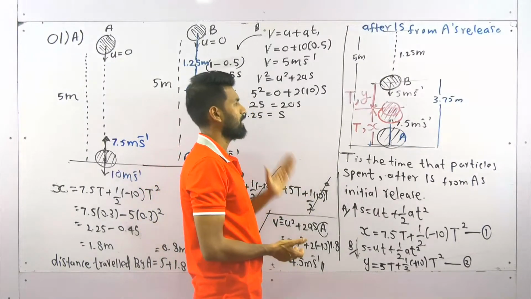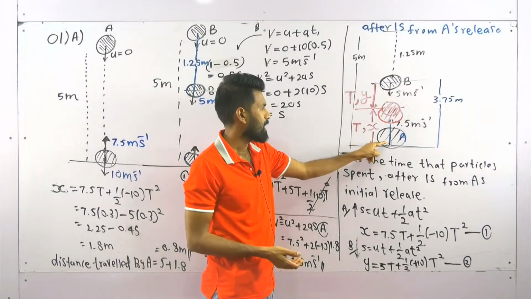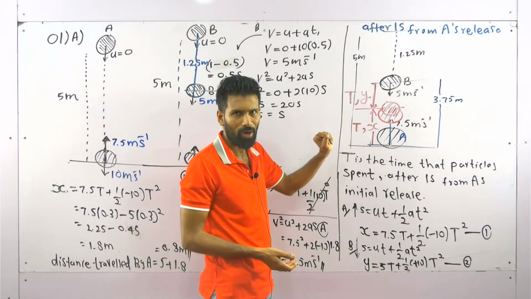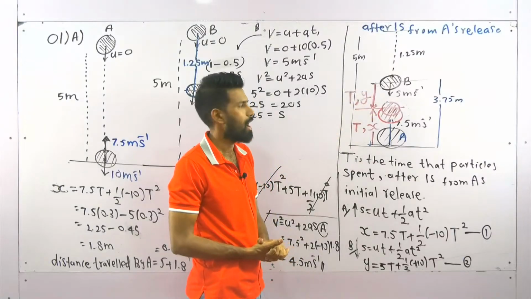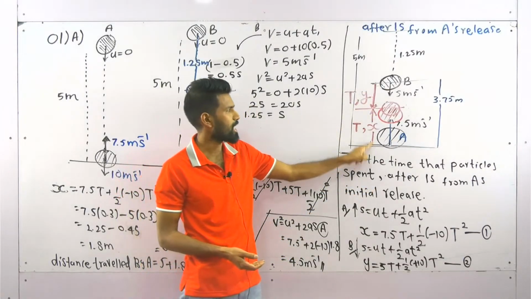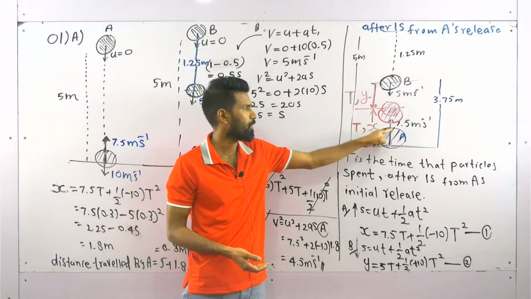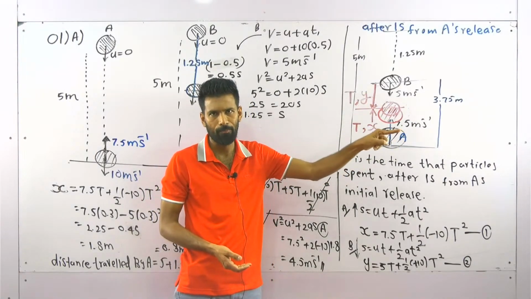Okay, now what will happen? Let's say that to collide with each other, A has to move a distance x upward while B has to continue for another y meters downward. Applying s equals ut plus half at square for this distance x for A: x is equal to 7.5 T plus half times minus 10 T square.